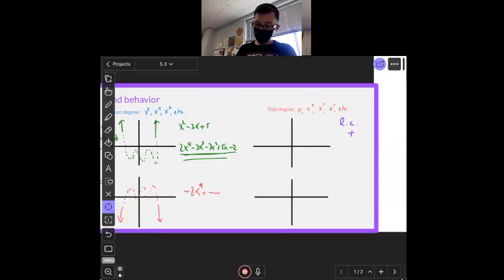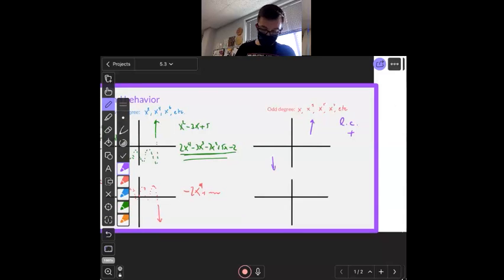Up is also positive. So the right end would move up. As I move to the left, that's the negative direction. Well, down is also the negative direction. That's normal, right? So the left end would move down. And what's the middle doing? Don't know, don't care.